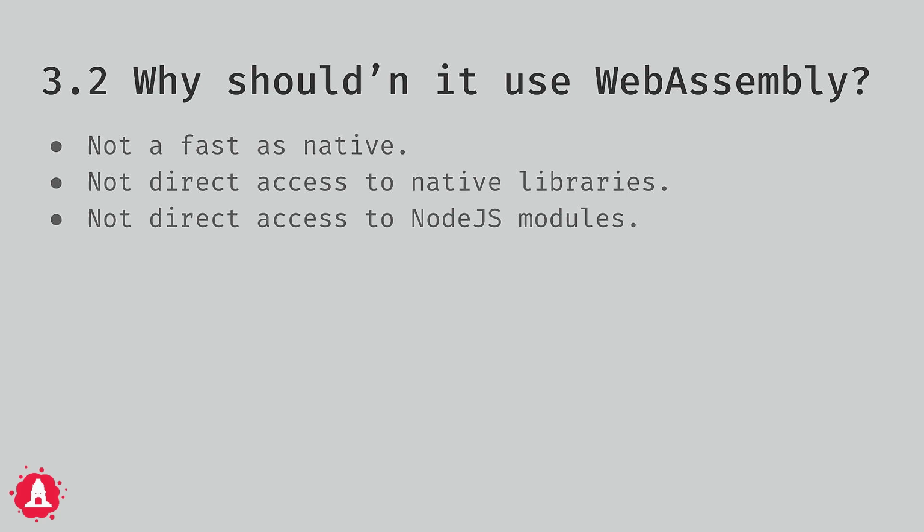What does "not as fast as native" mean? It's not completely native, because it is virtualized on top, but it's still quite fast. That means in general it's very near to bare-metal performance.